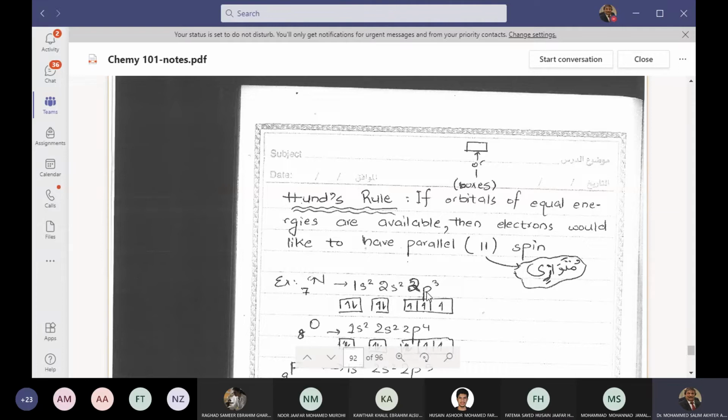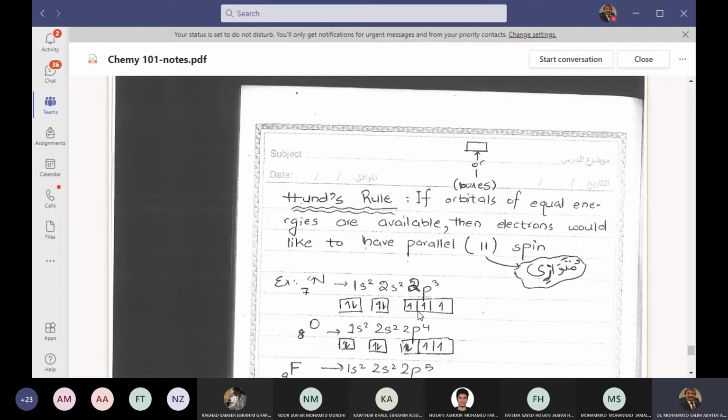1s2, 2s2, 2p3. How many boxes do I have for the s? One box. How many boxes for p? I have 3 boxes. Now, can I write down 2 electrons here and 1 here? The answer is no. Why no?